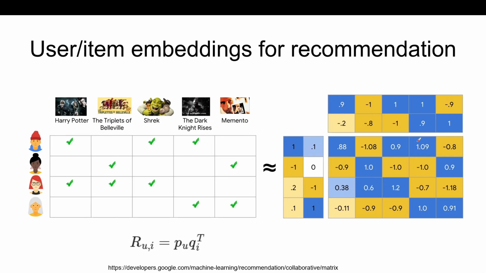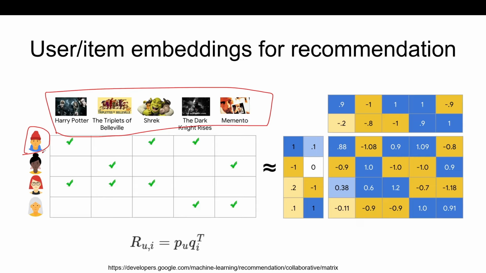Then we can switch gears to a different domain, which is recommendation systems. In a recommendation problem, we generally have a ratings matrix as input. In the ratings matrix, each user has a preference rating for each item.